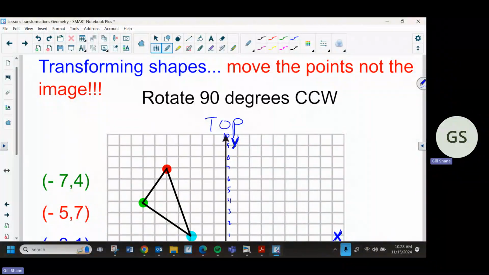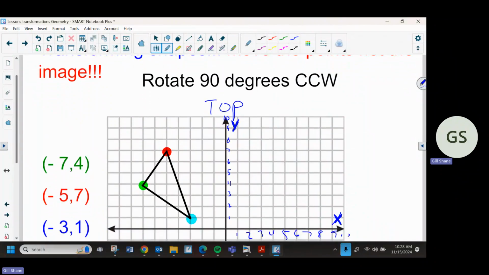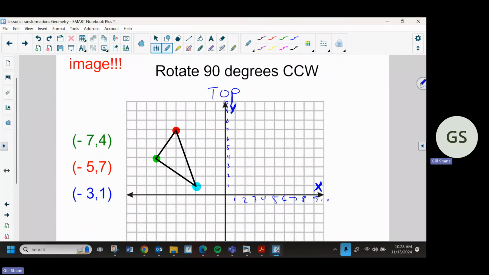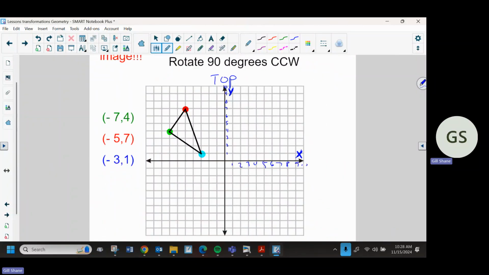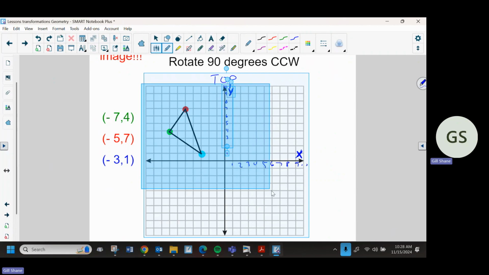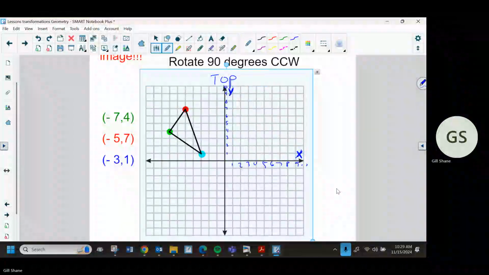So I am going to physically take my graph. Don't do anything. Watch what I do. Kids kept trying to go ahead. That was another problem. Do not do it.